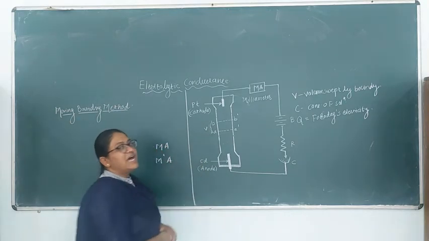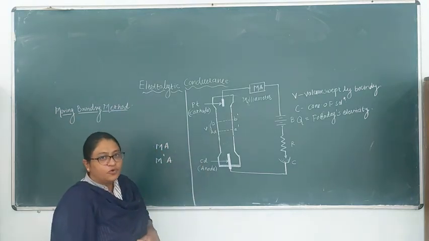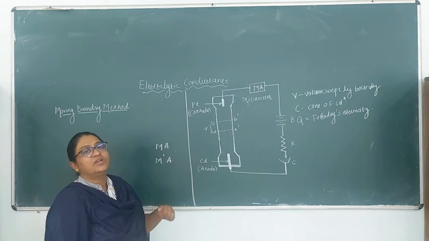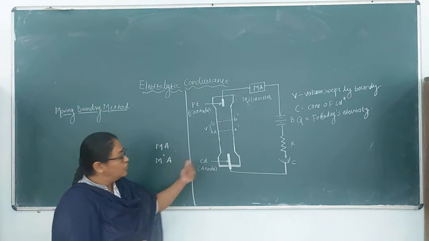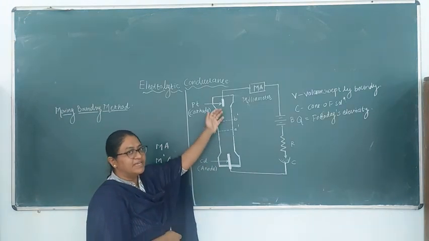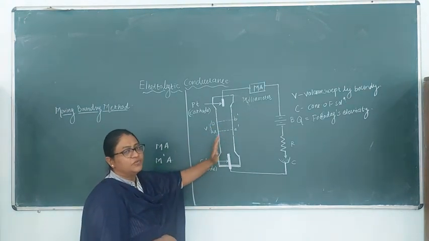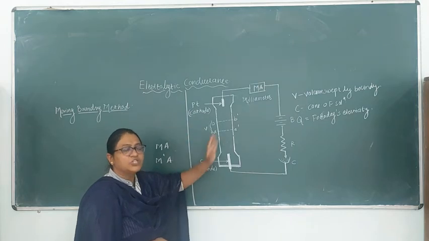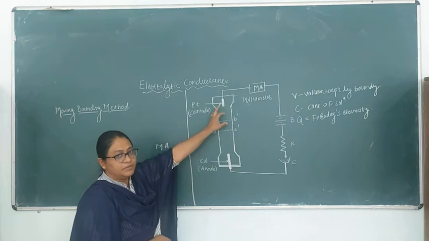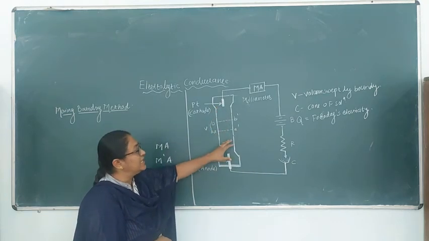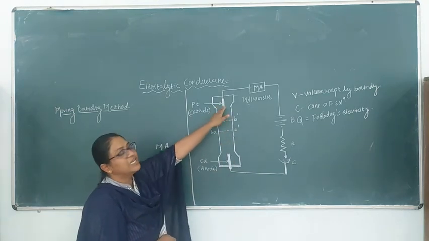Here the anions are common, and therefore their migration has no effect on the boundary. Only the cations migrate. Actually anions are common, therefore there is no effect of their migration on the boundary. The boundary is swept and lifted up due to the migration of cations from anode to cathode.